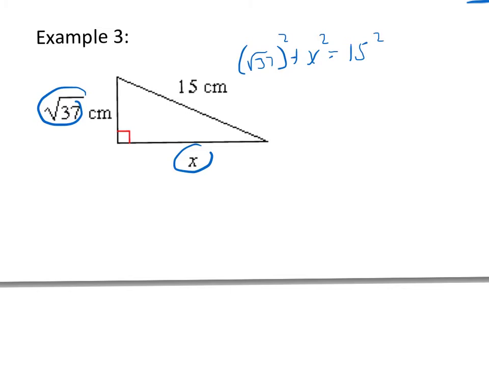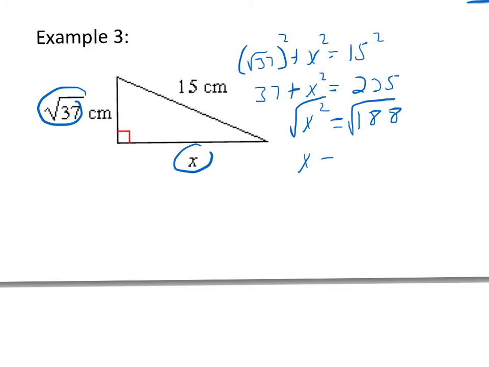The square and the square root cancel each other out, which gives us 37. 15 squared is 225. Subtract 37 from both sides and we get 188.